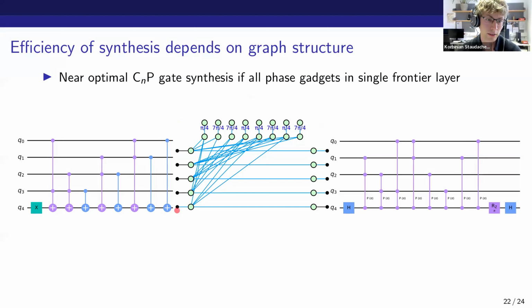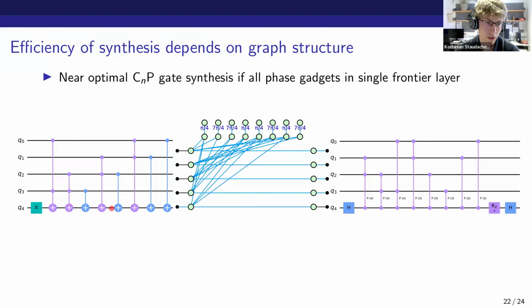In this case, we have all the phase gadgets in one layer of the extraction. So we start from the outputs, we extract everything here, and then we have only phase gadgets connected to the outputs left, and then we can optimally determine how to extract all those phase gadgets.